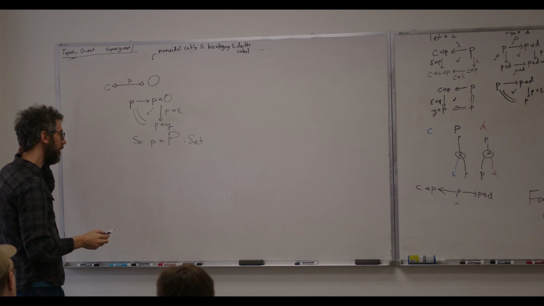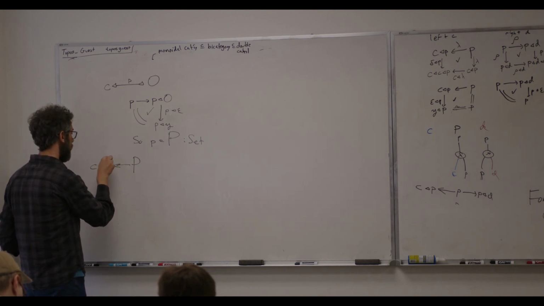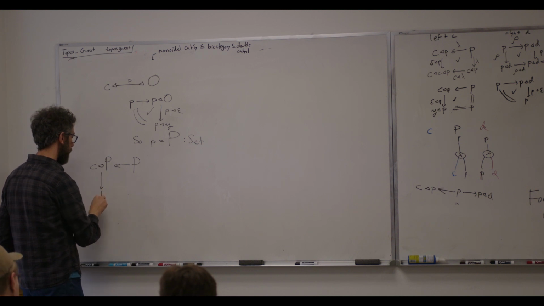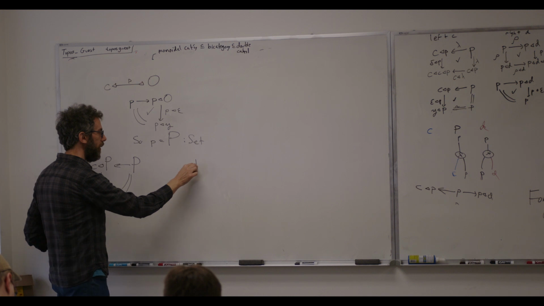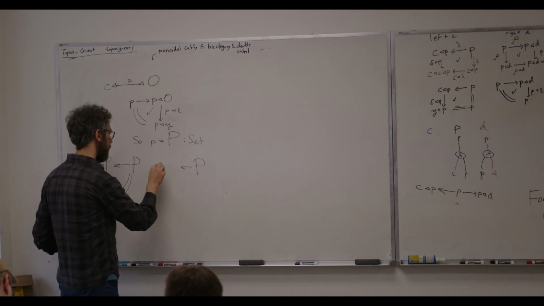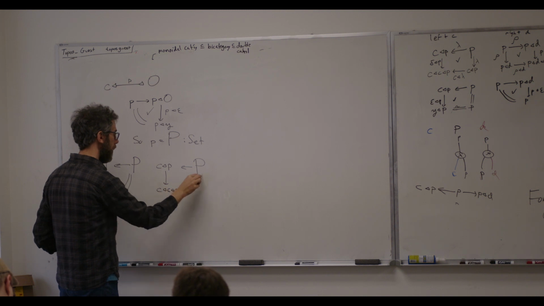It's capital P. Okay, so now we have capital P to C composed P. And when we go down to P, and we have capital P to C composed P, and when we duplicate, it's this, oops.